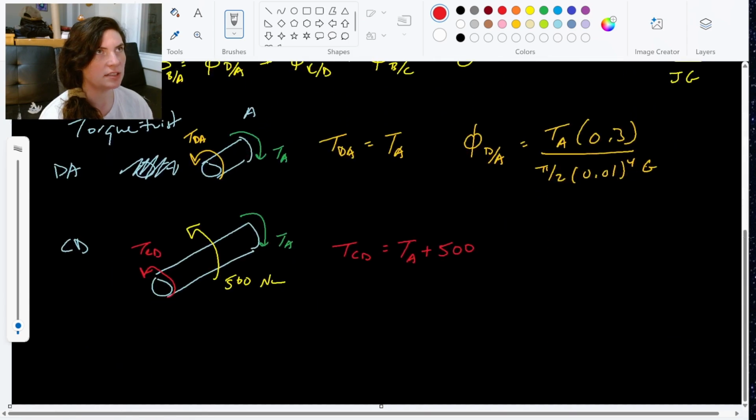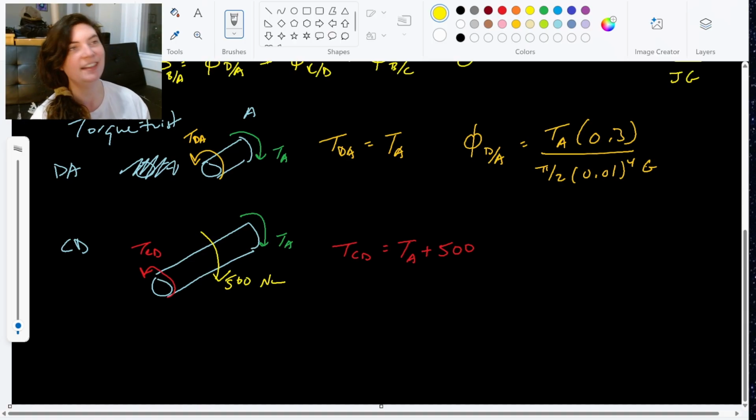I sure did. It's not going that way. I was wondering why it was a plus 500. That's why, it's because I drew it wrong. Right, TA and the 500 both go counterclockwise, or they both go clockwise. Our torque CD I assumed was counterclockwise. So TA plus 500. That makes a lot more sense.